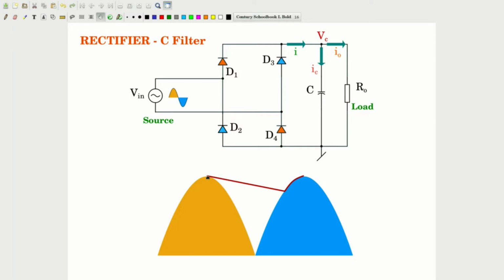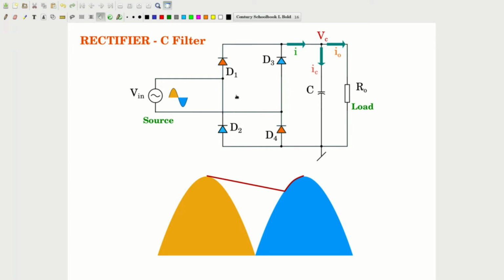At this point, the capacitor is discharging through the load with some time constant. This is the discharge path of the capacitance, whereas the input wave shape is following this path.